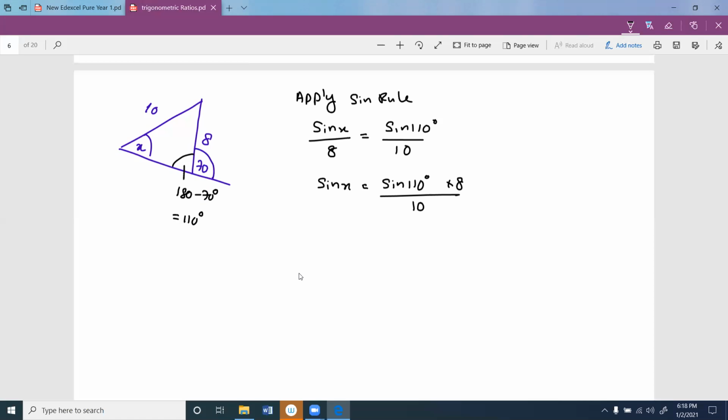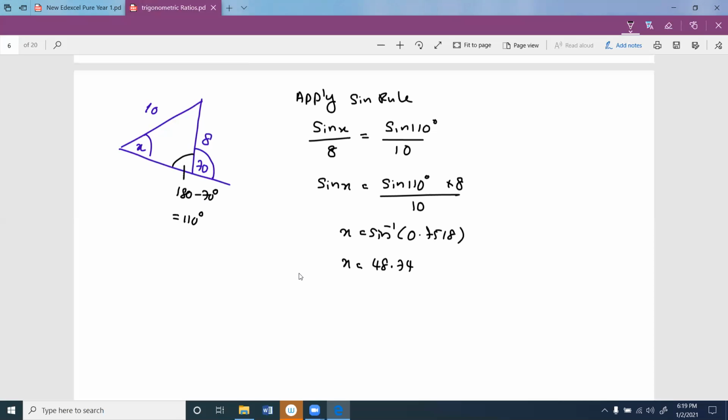The answer turns out to be 0.7517. So x is equal to sine inverse of 0.7518. So you can get the angle x as 48.74.